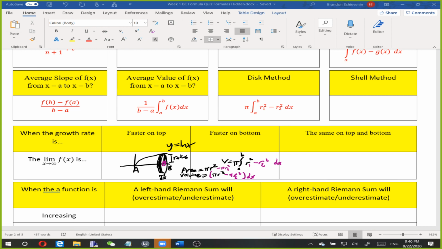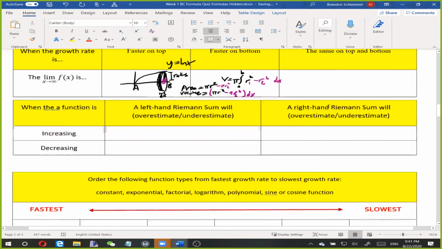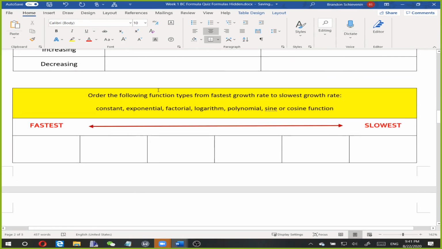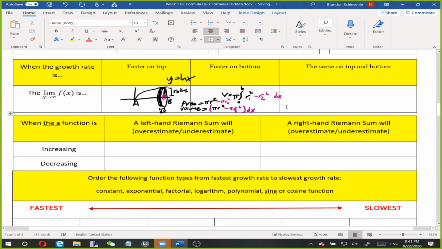Okay, so disk method formula from the top again. So that's pi times the integral from a to b of r1 squared minus r2 squared dx, where r1 in this case is our longer radius. So that's our distance from our axis of rotation to our outermost function. Will I have space to do this? I think I will.